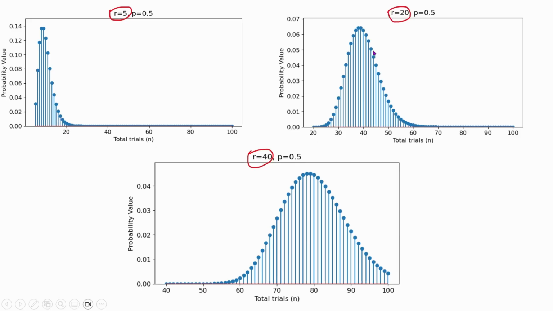When we increase the number of successes required to 20, we need a higher number of trials in order to achieve those. That is why the peak of this curve shifted and there is also a higher variance. If we increase r even further, then the peak has shifted further and there is even higher variance. So that is how the PMF plot changes with the changing r.